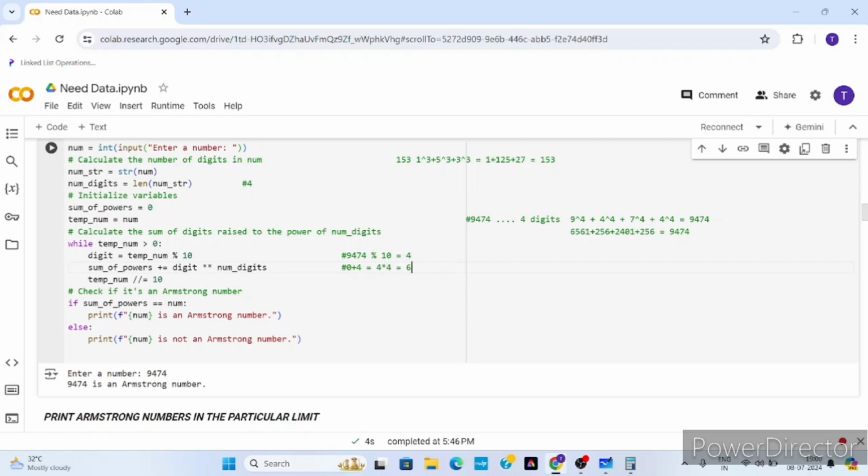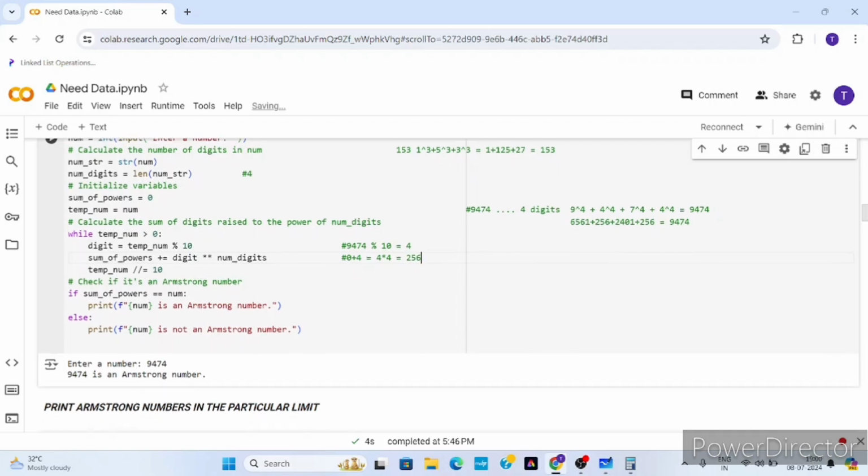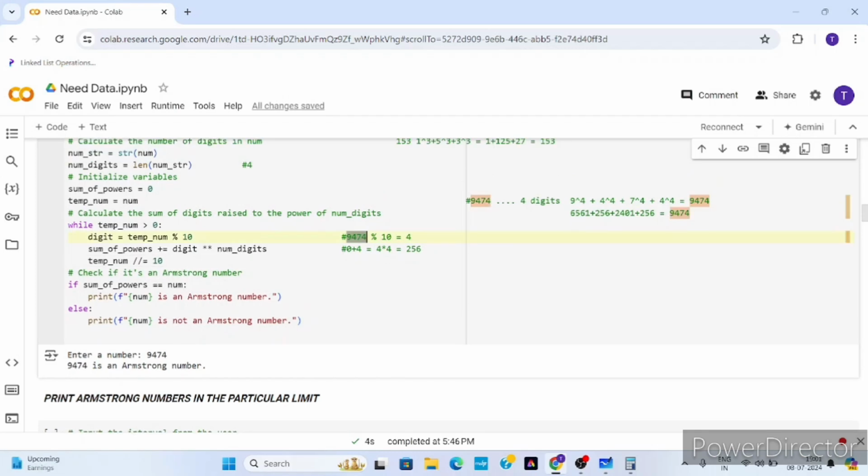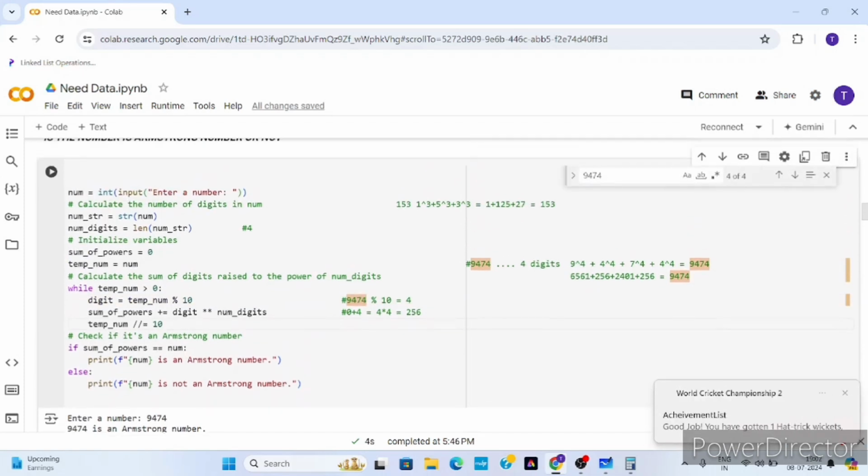So if the temp num is greater than 0, I'm going to calculate digit equal to temp num mod 10. For 9474, mod 10 returns the value 4, because the last digit will be taken here.